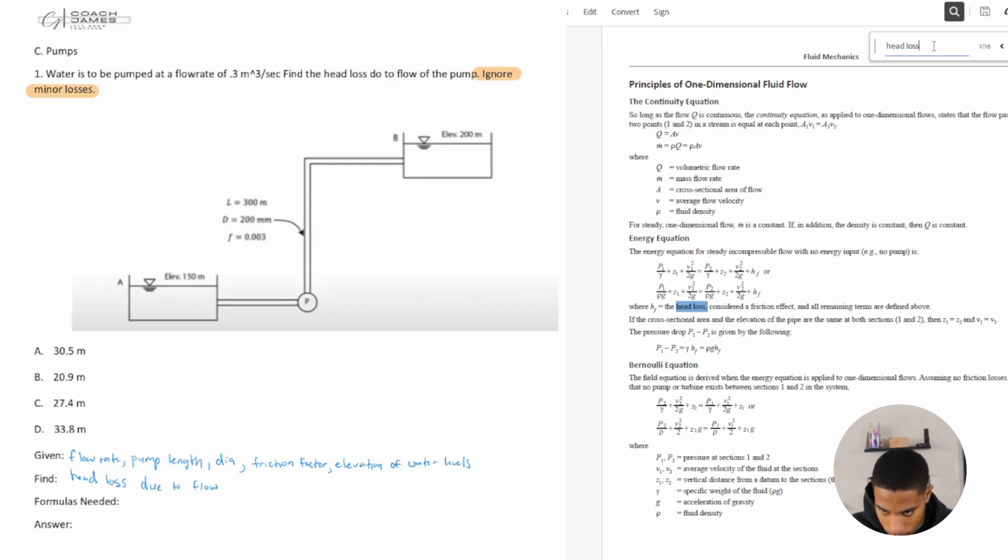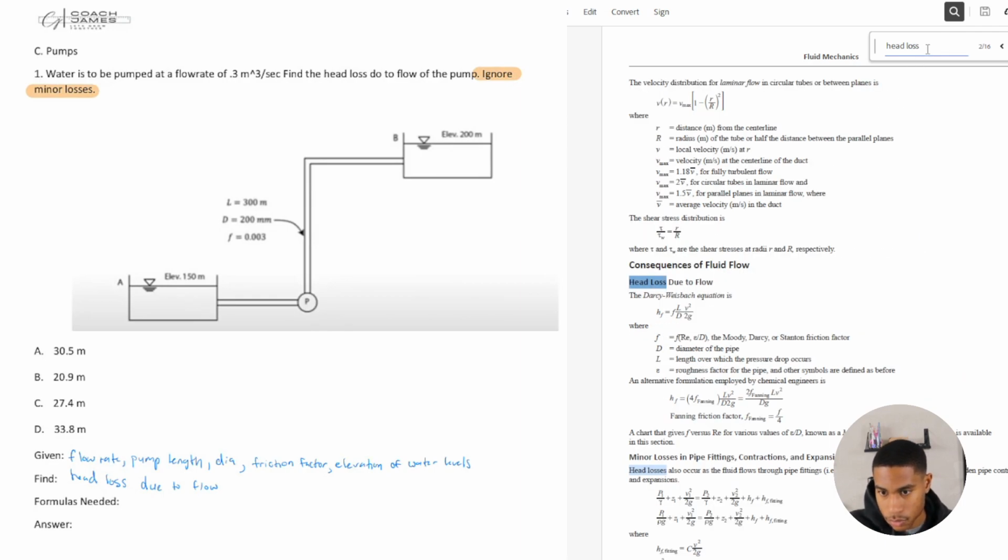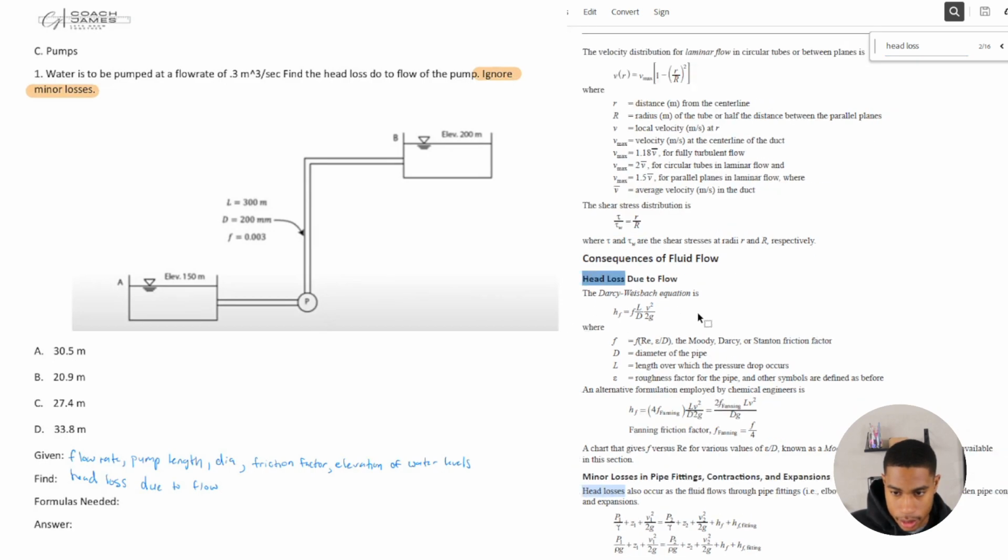So given the information, I see pressures here. We're not given any pressures, so I'm going to keep going. This one says head loss due to flow. All right, so this is probably the area that we need to be in.